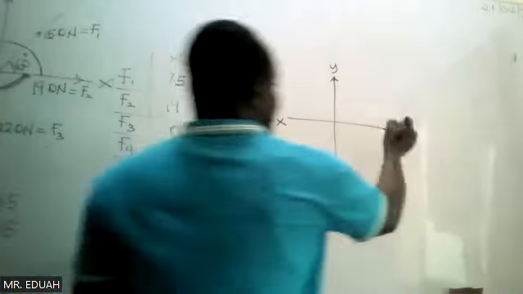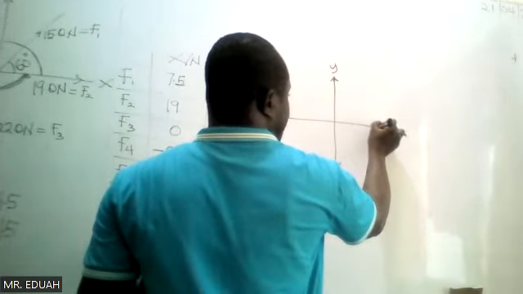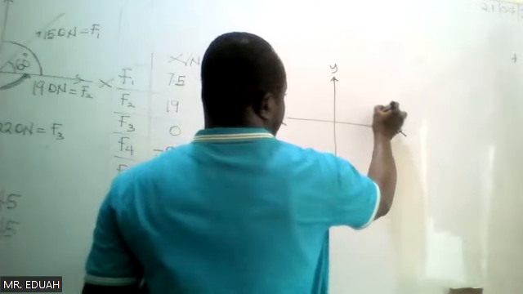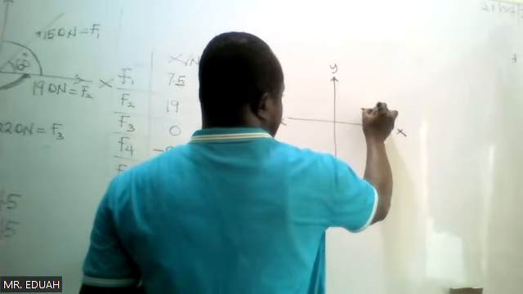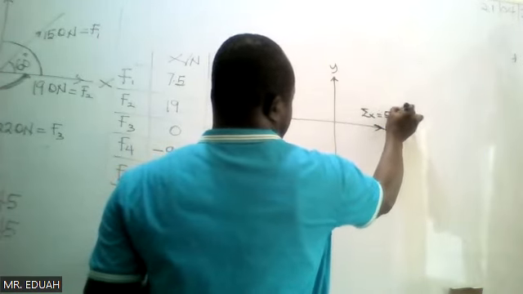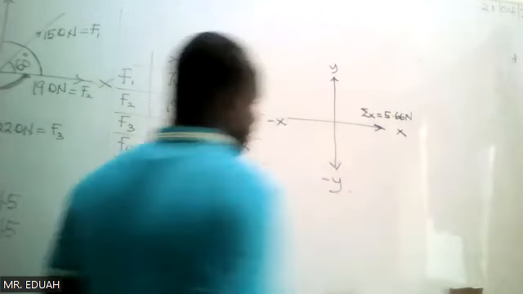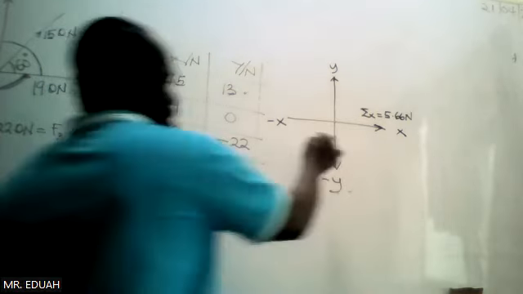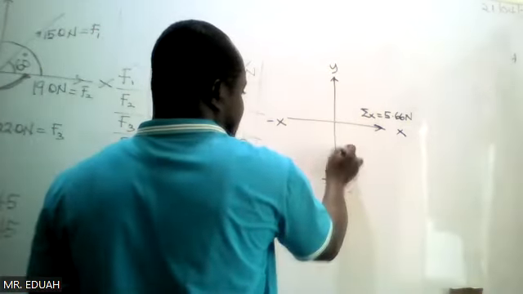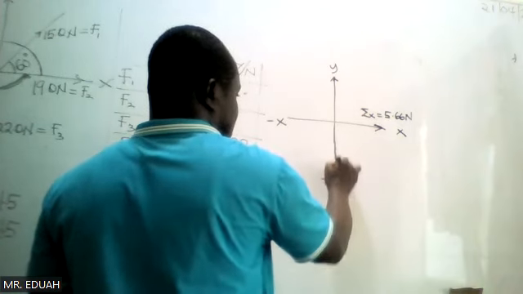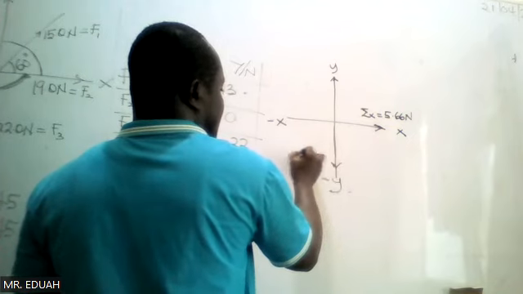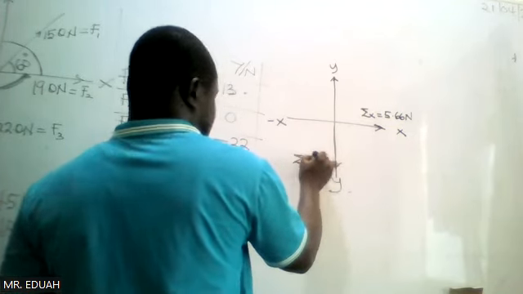So this will be along this part of the x coordinate. Summation x is 5.66 Newton. And summation of y is negative, so it will be somewhere here along the minus y.